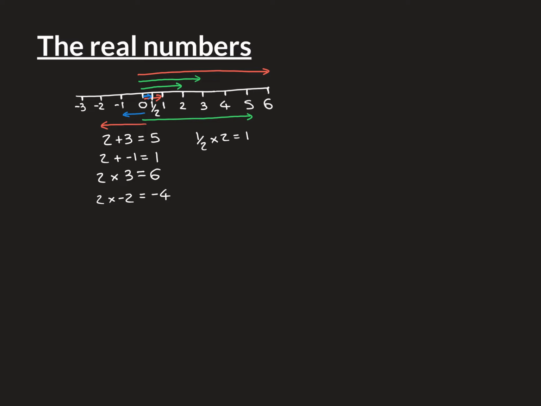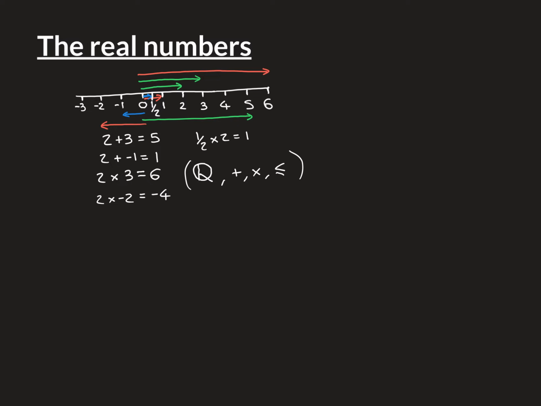So it's going to have to be the place on this line where the arrow from 0 is such that if you double it, you end up at 1. So it's going to have to be halfway between 0 and 1. And equivalently, you can work out all the other fractions exactly where they have to be on our one-dimensional continuum.